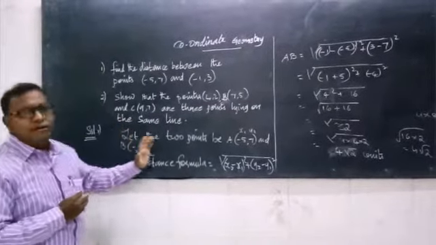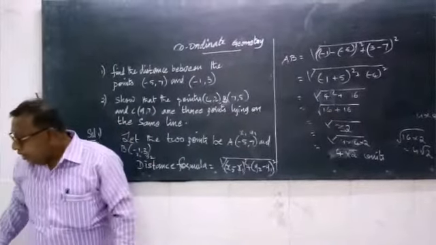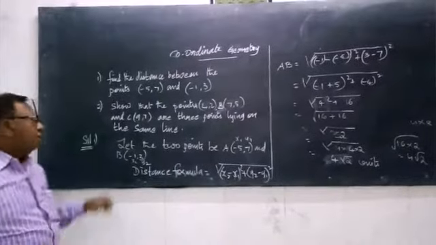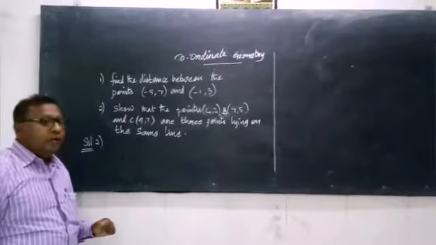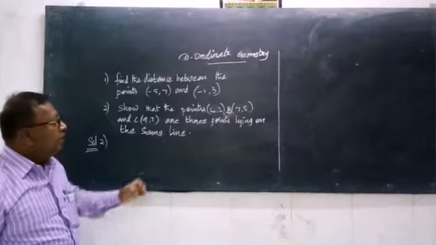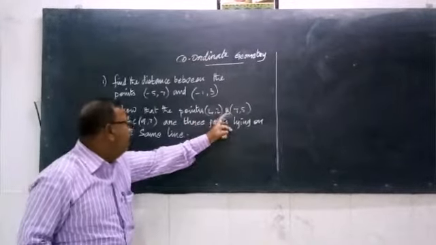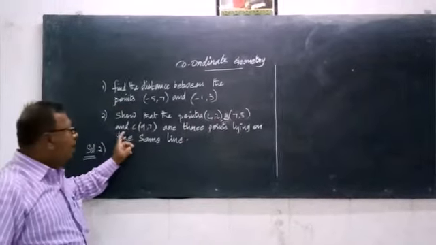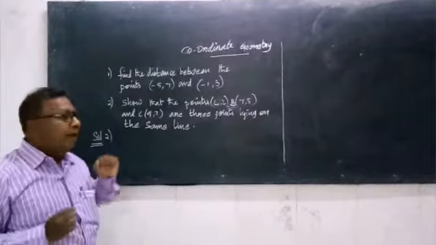Now we shall proceed to solve. What we are trying to do is show that these points A, B and C are lying on the same line.